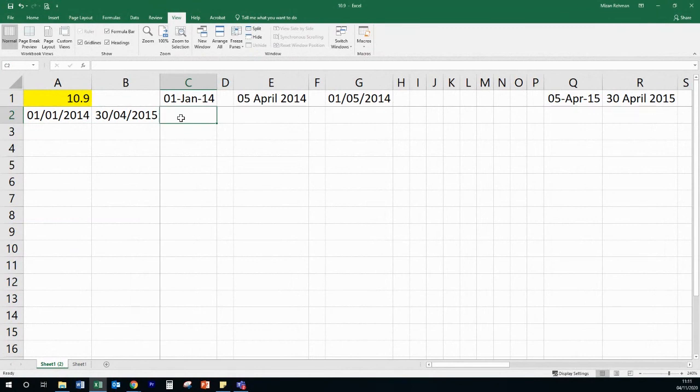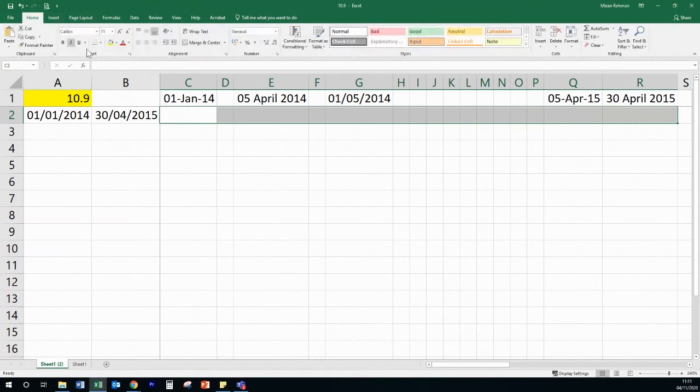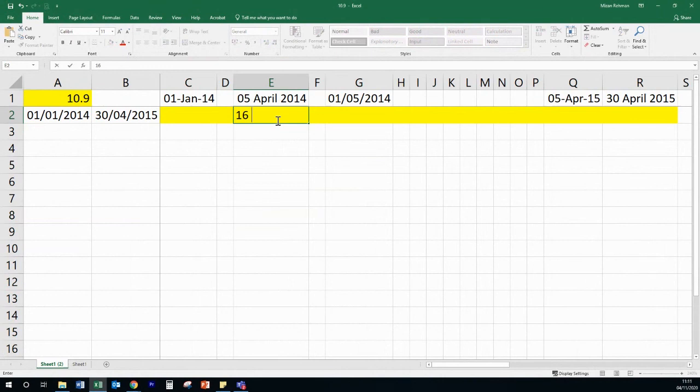So if we highlight the timeline, 1st of January till 30th April 2015, I'm going to highlight this. So that's yellow, that's 16 months. And the profit was 33,920. So that's the data we have.